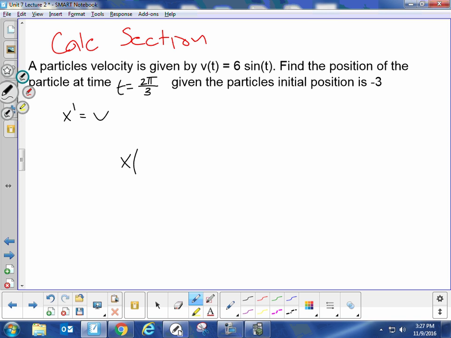So if I want to find a position at 2 pi over 3, that'll be equal to an initial position, which will be my position at time 0, plus the change, which will be the area under x prime. Well, x prime is the same as v. Now, you could take the antiderivative of v, you could find the c value, or you could just do this. So let's just practice plugging that into our calculator really quickly, and we're good.